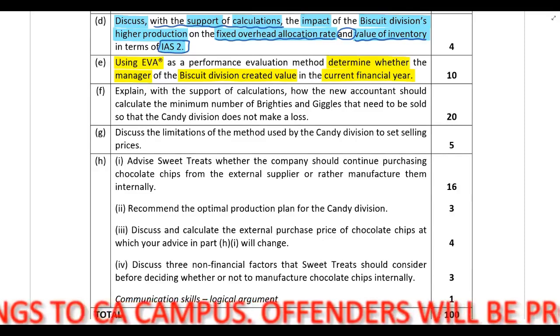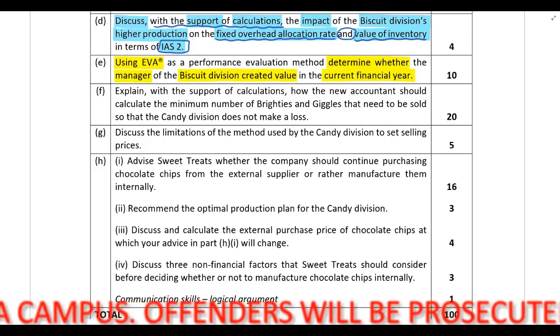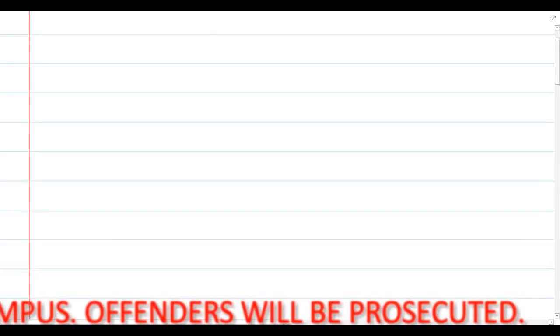I recommend you start by writing out the formula first, because once we have the formula, you'll know what other calculations are necessary.